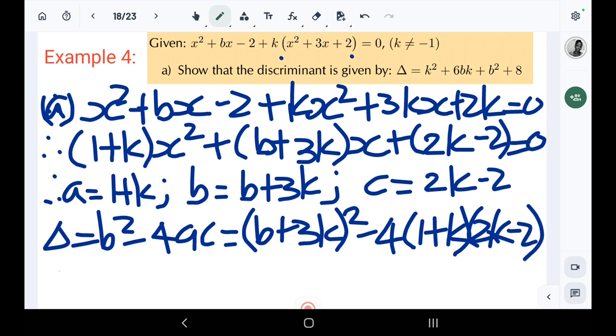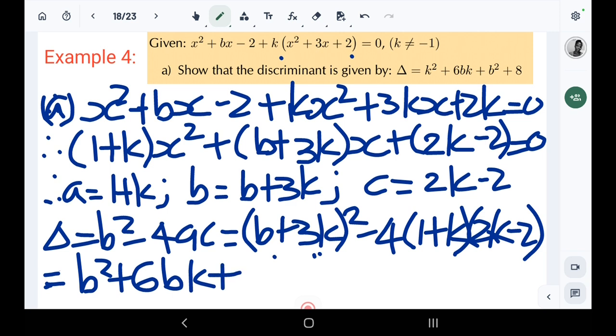B plus 3k all squared, that is the square of a binomial, that is equal to the square of the first term b squared, plus 2 times the product of the two, 3bk, so that becomes 6bk, plus the square of 3k, that is 9k squared, minus 4.